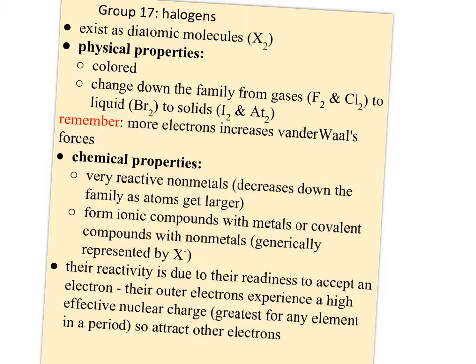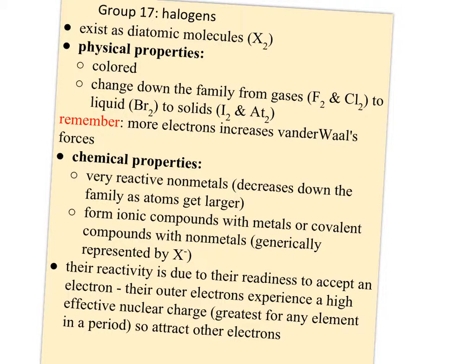Chemical properties, they're very reactive nonmetals. But this decreases down the family because the atoms get larger, so the electrons are further out and harder to hang on to, and the nucleus is tucked further in, so it's harder for it to attract new electrons to the atom. They also form ionic compounds with metals, or they'll form covalent compounds with nonmetals.